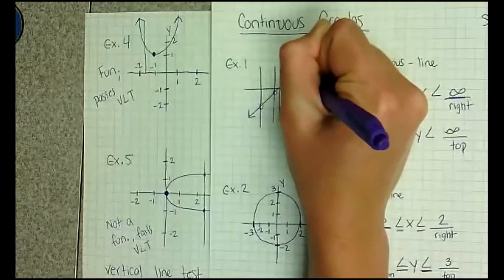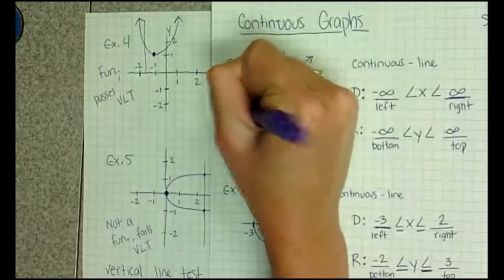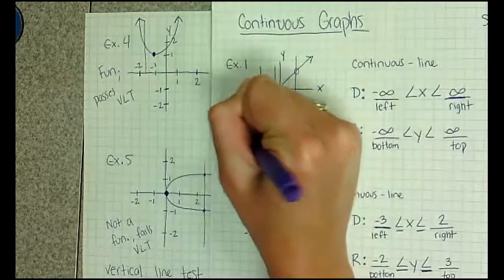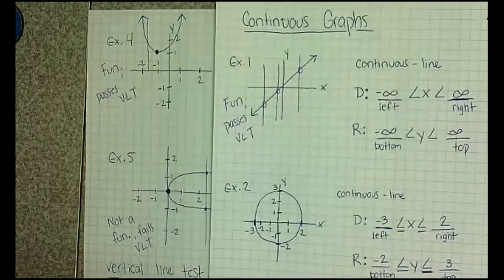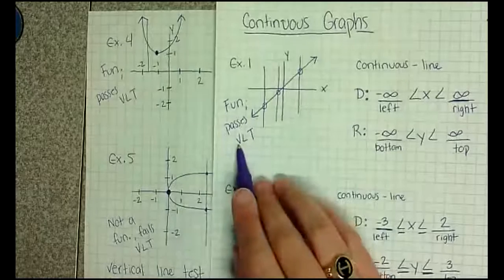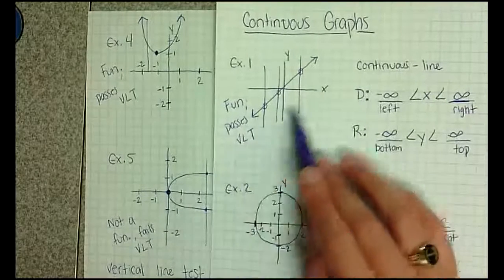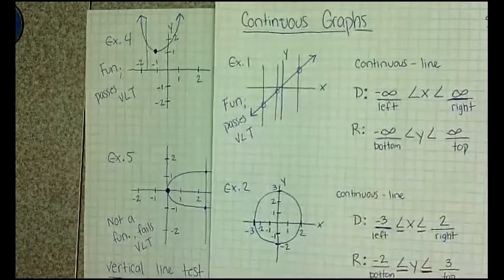So it is a function, number 1 is, because it passes the vertical line test. And guys, be lazy. I won't say that very often, but be lazy and just anytime it's a graph, use the VLT as your explanation.